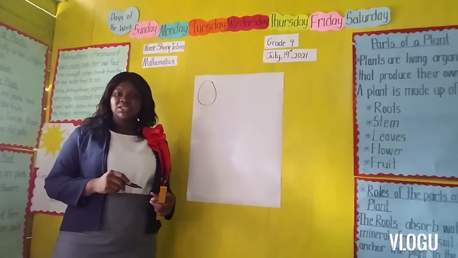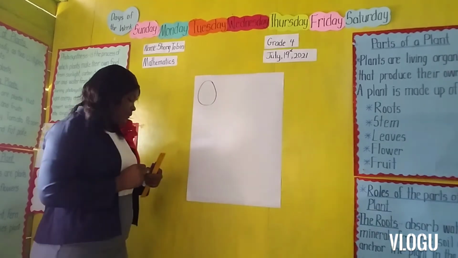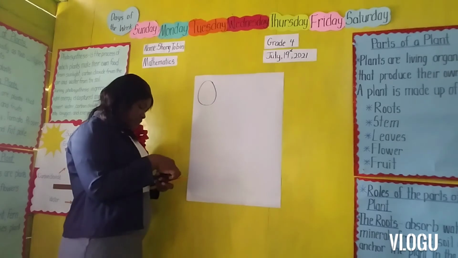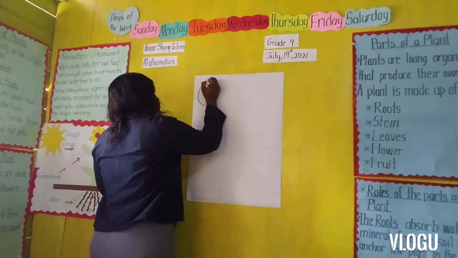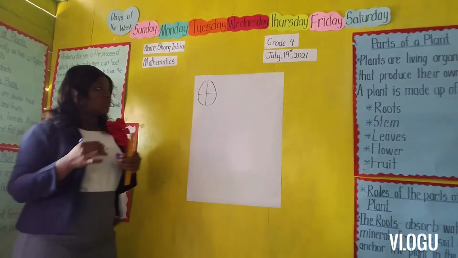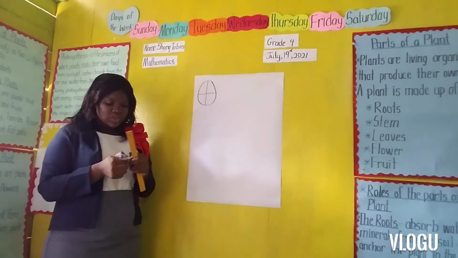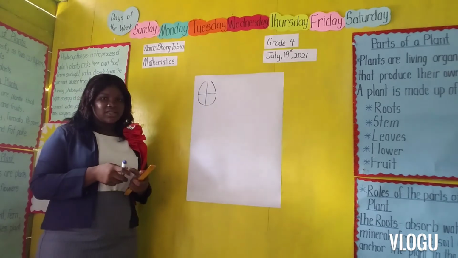How many pieces? 4 pieces? Okay. We're dividing it here, right? We use the color blue to show how many pieces it has been divided into, okay?